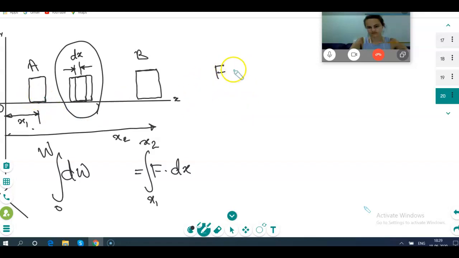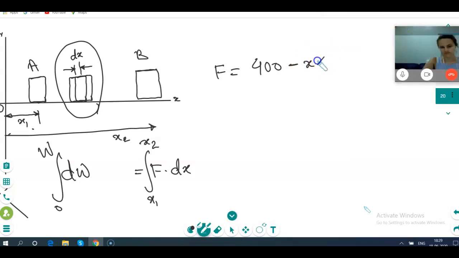See, I will write F is equal to 400 minus 200 x Newton. It means your force is reducing: with 1 meter you have moved, the force becomes 200; with 3 meters moved, 100. It is possible. Let us say this formula.